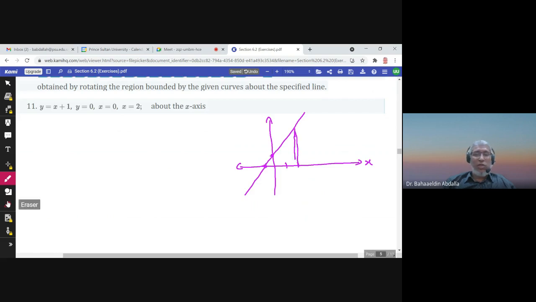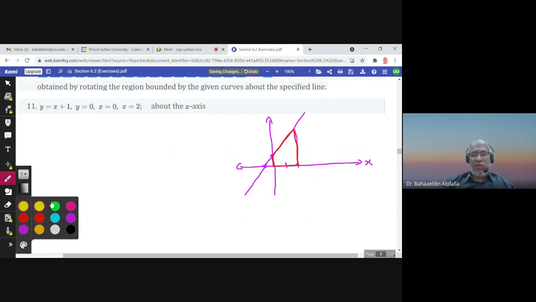So where is this region? Again, y equals x plus 1, that's the line. X equals to 0, that's the line. X equals to 2, that's the line. Y equals to 0, that's the line.